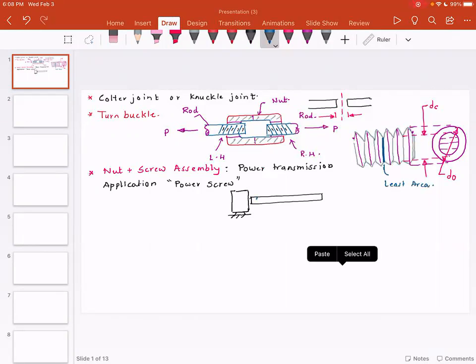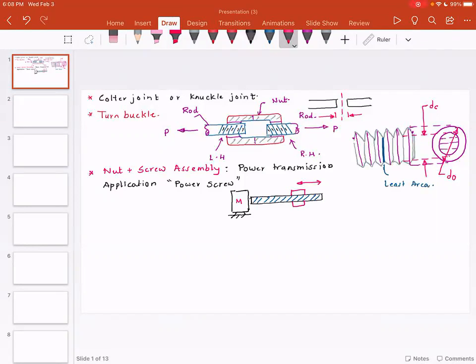Then this is the screw, and here there would be a nut, and as this screw rotates, or in other words, as this motor rotates, this nut will go forward or backward.